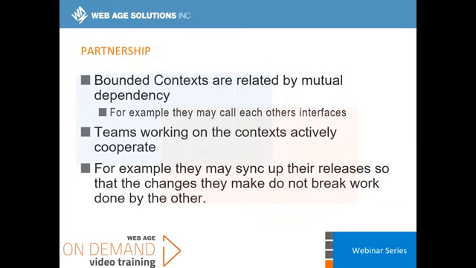So partnership, the first of the 8. There's some sort of mutual dependency between 2 bounded contexts. They need to work with each other.